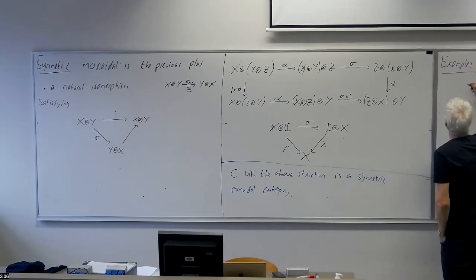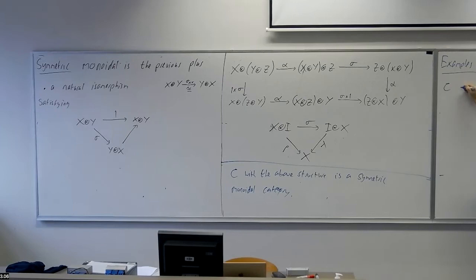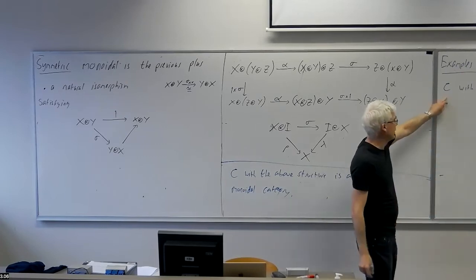So examples: a category C with finite products, that was what we started with, so we've already seen that data. So this is a symmetric monoidal category. Okay, so that was our starting example, just to note it down.